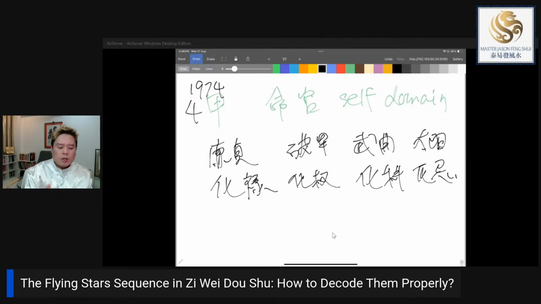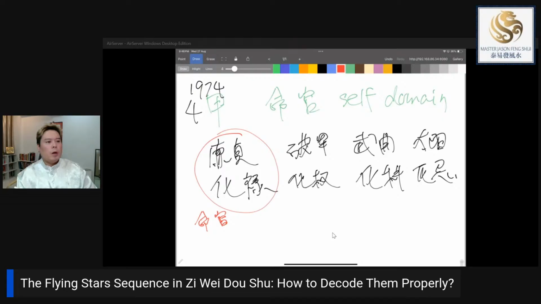For example, this person is having 廉贞化禄. It's really just for learning purposes. This person is having 廉贞 at the 命宫 or the self domain. Then it will mean that the person actually will be born wealthy. They most of the time will be able to enjoy more than sufficient financial resources in his or her life.